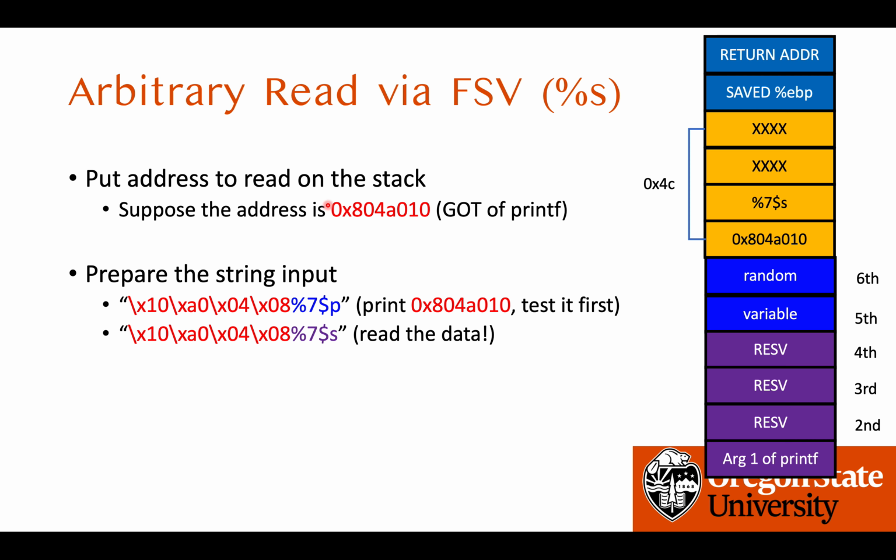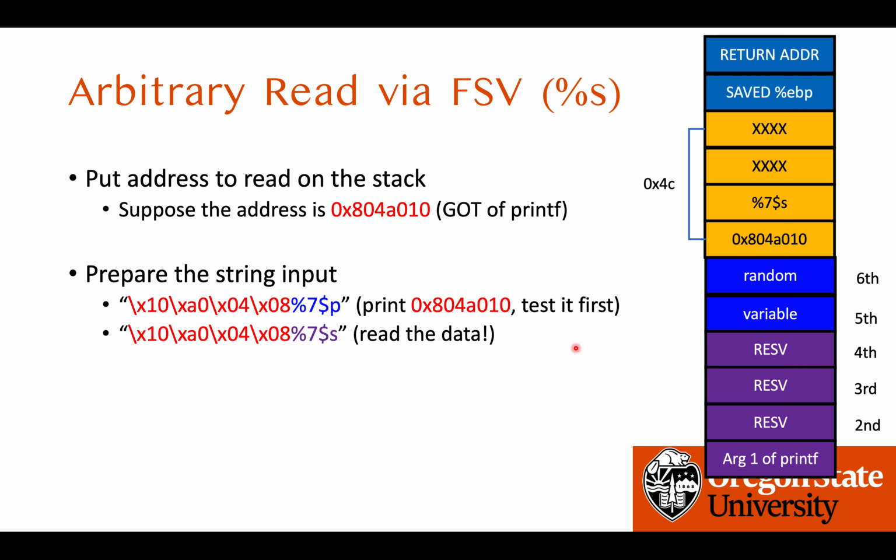If you want to read this address, put it in your buffer. You can put this address and then, after that, the directive %7$p, because this value will be shown here as the 7th argument, the integer value itself. So this %p will print out 0x804A010.